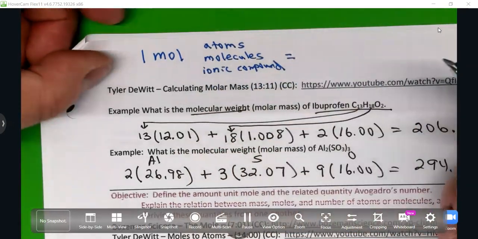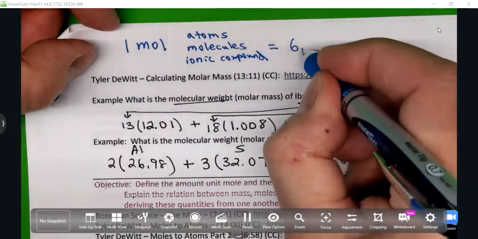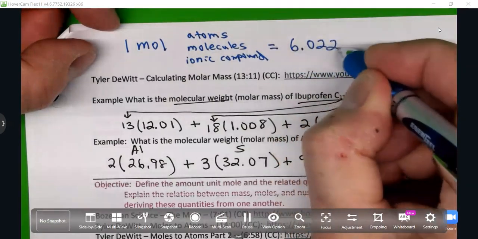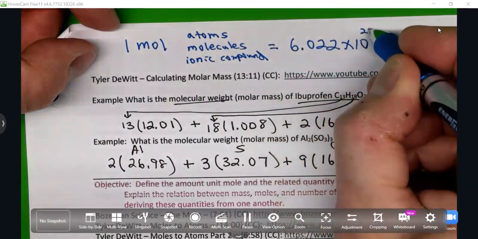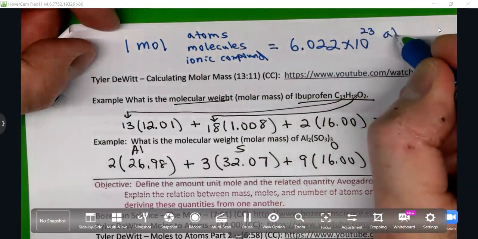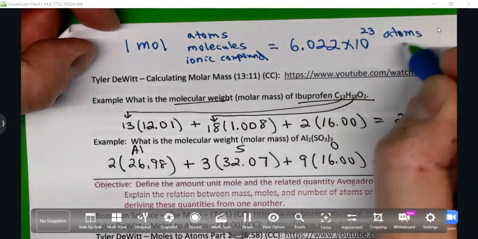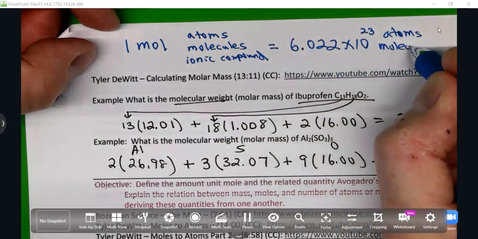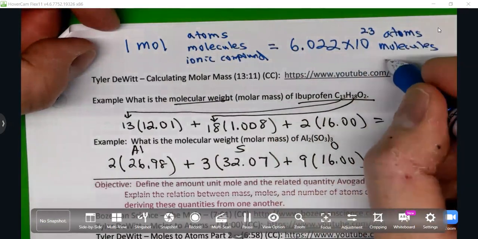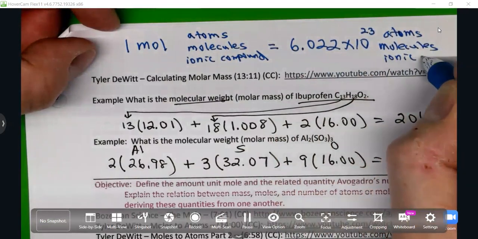And that is going to equal 6.022 times 10 to the 23rd atoms, molecules, or ionic units.